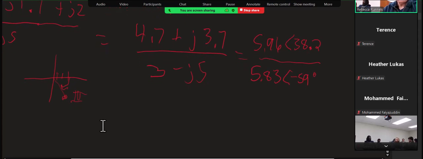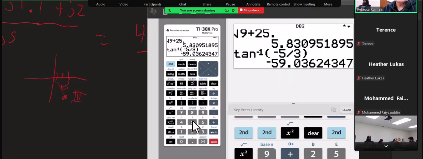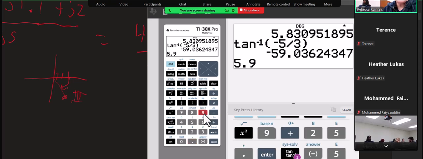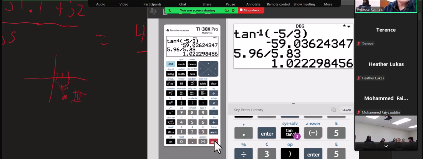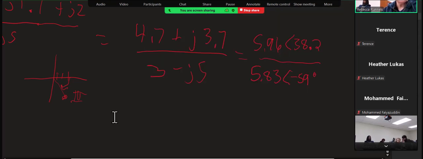Now that they're phasors, to get my answer, I'm going to divide the magnitudes. I'll divide 5.98 by 5.83. And I get 1.02.